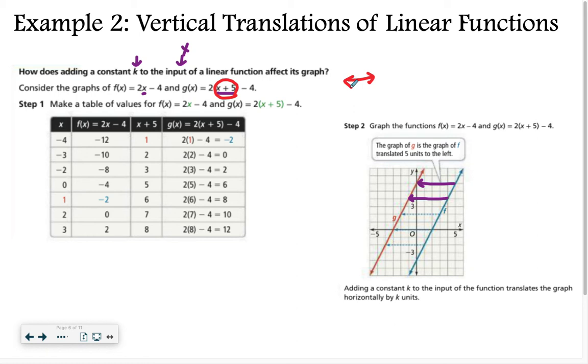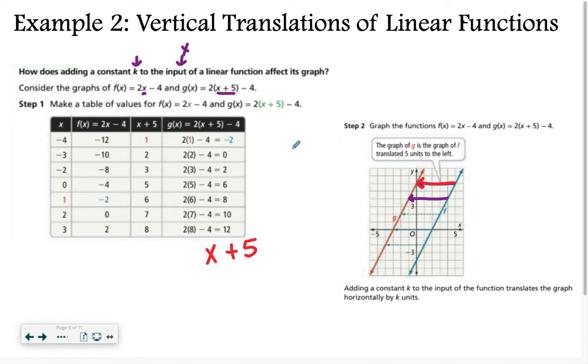Left and right translations. So adding a constant k to the input of the function translates the graph horizontally by k units. So it could move it left, it could move it right. But I do want to point out that we had x plus 5, and look what direction it went. X plus 5 went to the left.